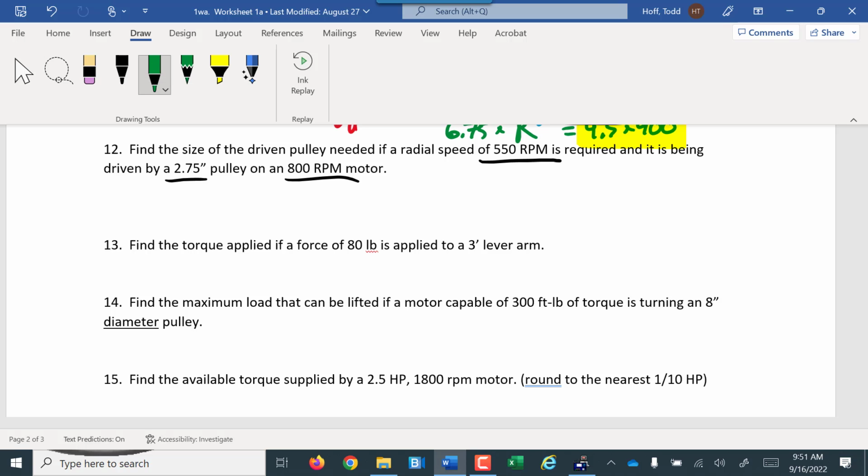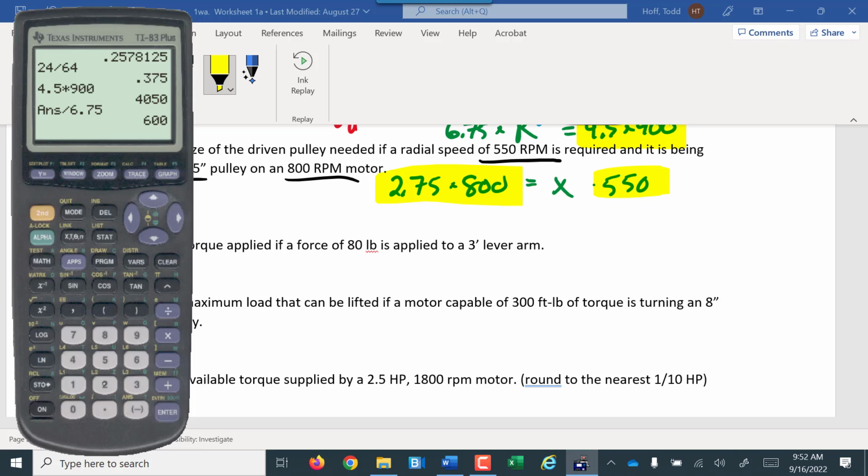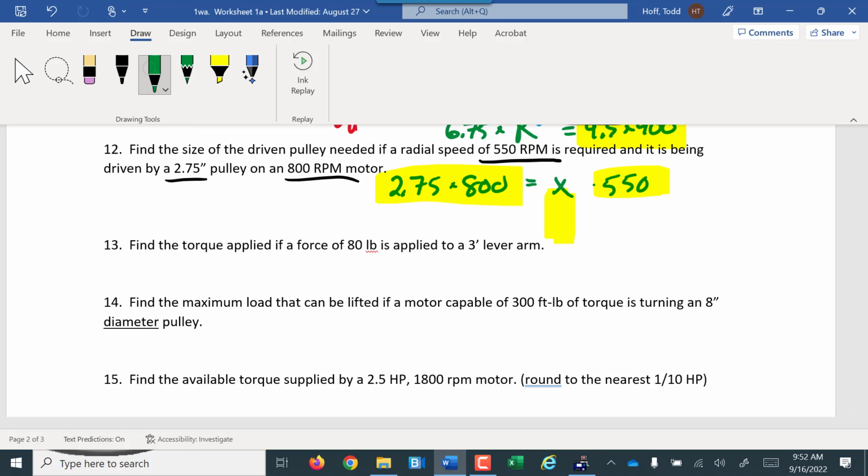It doesn't matter which one we put first, so I'll put 2.75 inches times 800 RPMs equals X inches times 550. Again, we'll solve it by multiplying those two and then dividing by the 550 to solve for X. 2.75 times 800 divided by 550 is 4. So that's a 4-inch pulley that's required there.